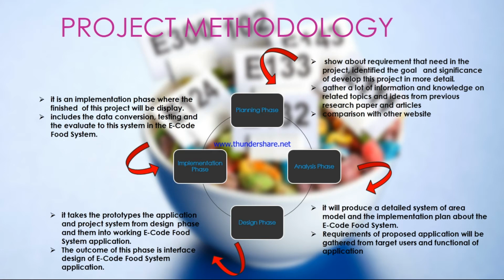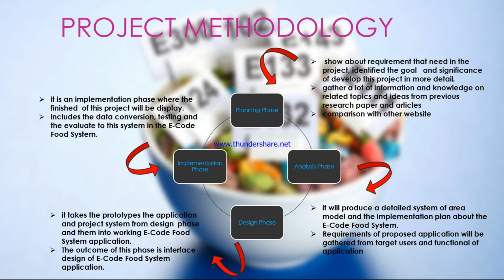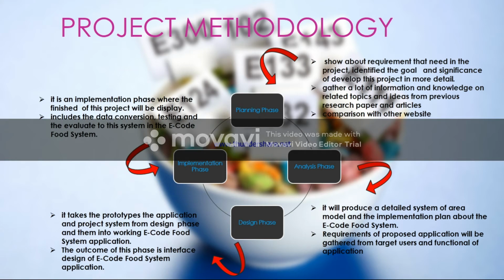For instance, it is flexible to change and can accept new input, for example the features and functions at every step of the development process. Furthermore, this methodology is suitable for this project and can show specifically the progress in each phase of project development. There are 4 steps in the project methodology.